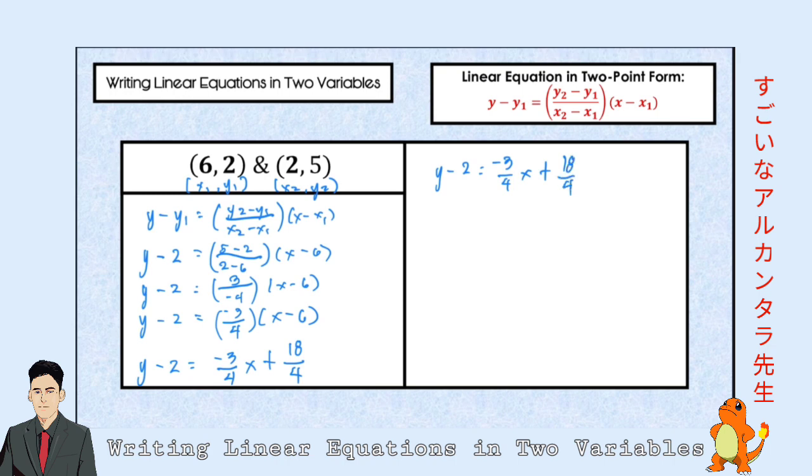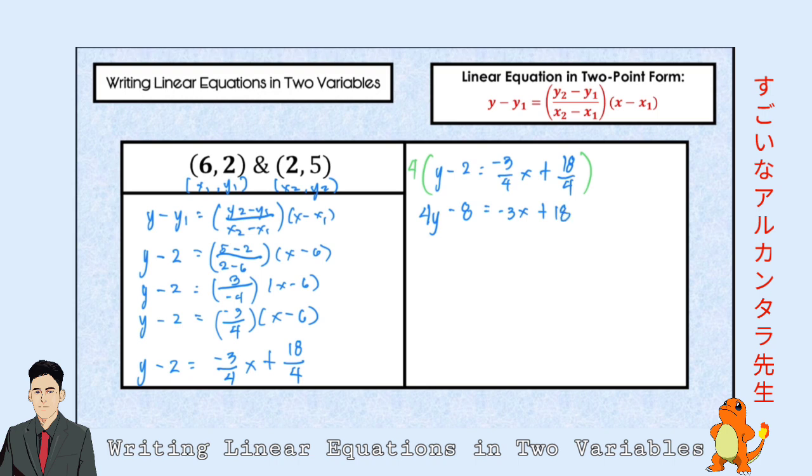Doing so, what we're going to do now is multiply the entire thing by 4. And you will have 4y, 4 times y, 4 times negative 2, negative 8. 4 times negative 3 over 4 is negative 12 over 4, so we're going to have negative 3x. 4 times 18 will give you 72 over 4, divided by 4, so you're going to simplify it as 18.